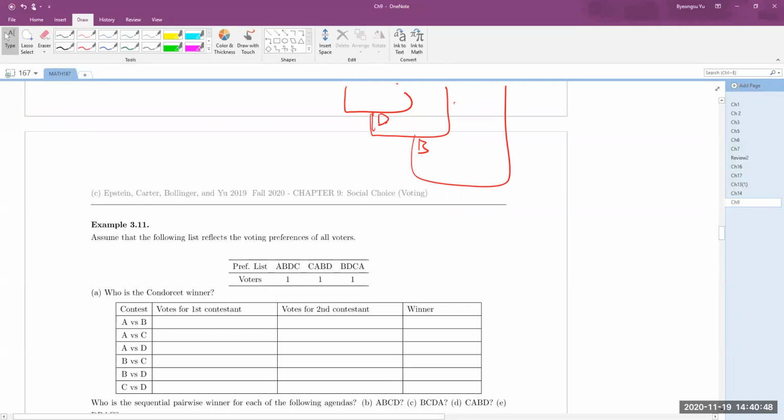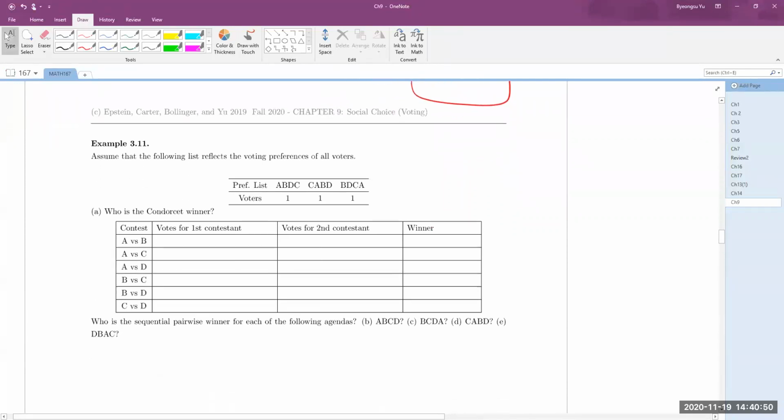Okay, so let's deal with some examples here. Example 3.1.1. Assume the following preference lists. If you think about just the Condorcet method, definitely the voters who think that A is better than B are here and here, but not the third.